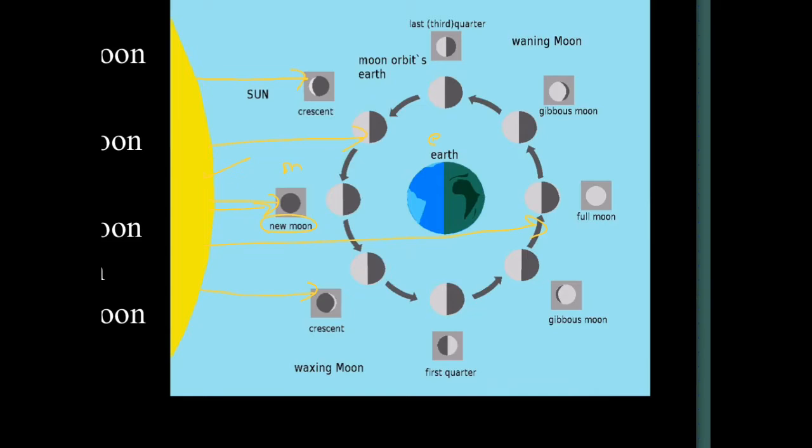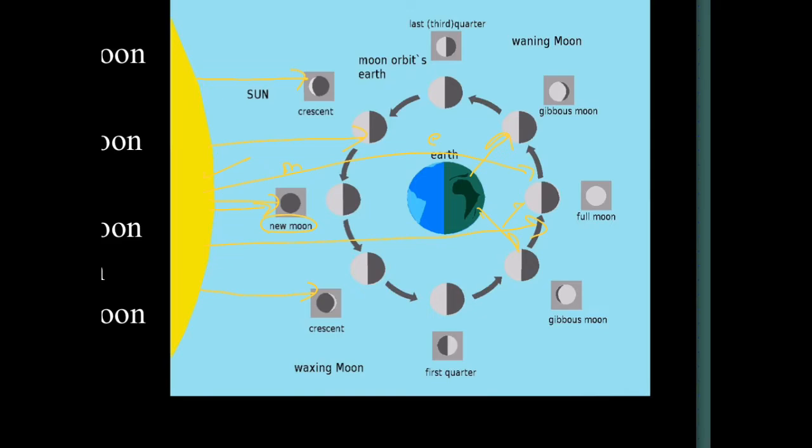Now, when we have a full moon or close to a full moon, you're going to see it usually at night. When you get a lot more lighted side of the moon, whether it's a gibbous or any kind of gibbous moon where there's more than about 70% of the moon surface showing, you're going to tend to see that at night.